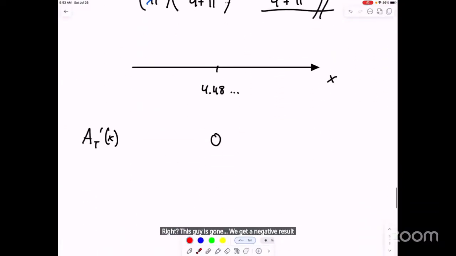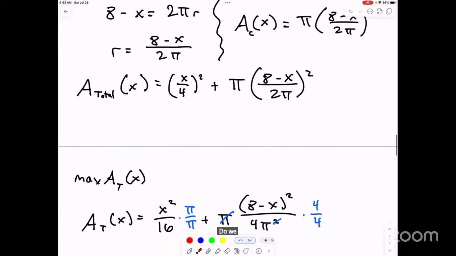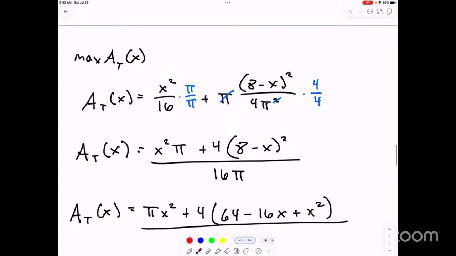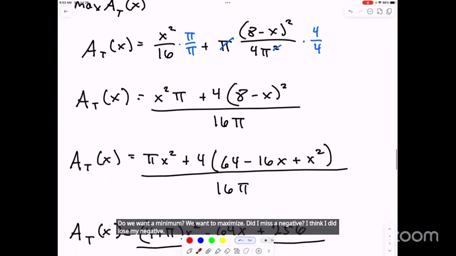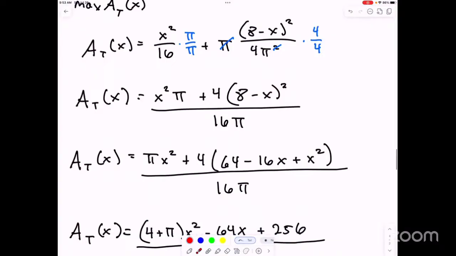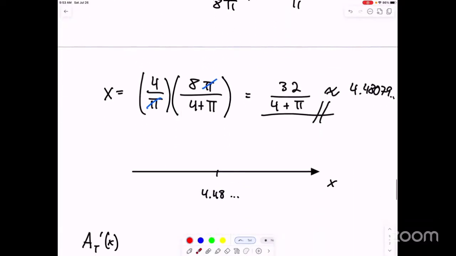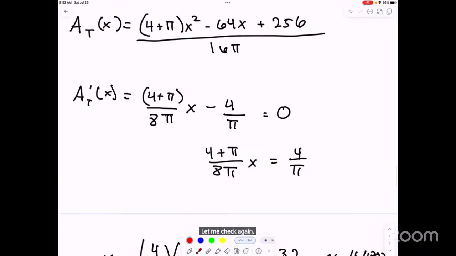So on the left, oh wait a minute, that sounds like a minimum. Do we want a minimum? We want to maximize. Did I miss a negative? I think I did lose my negative. No, that was fine. Let me check again. If you add that, that becomes that.